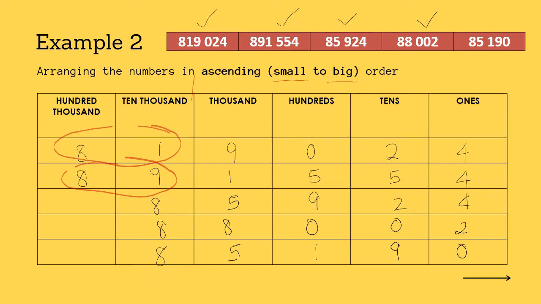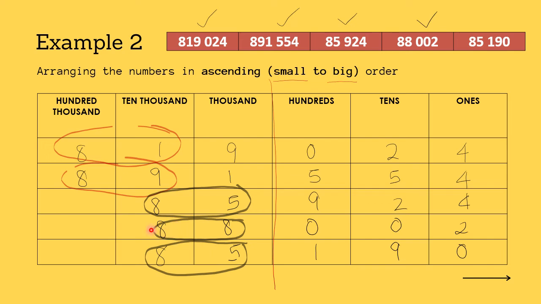So moving on to the next place value. So we have 85, 88, and 85. Now, which one is the smallest number? We have 85, 88, and 85.